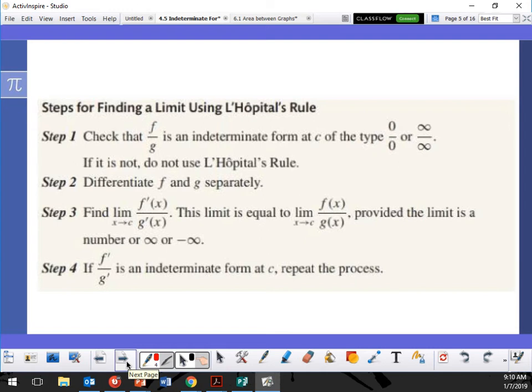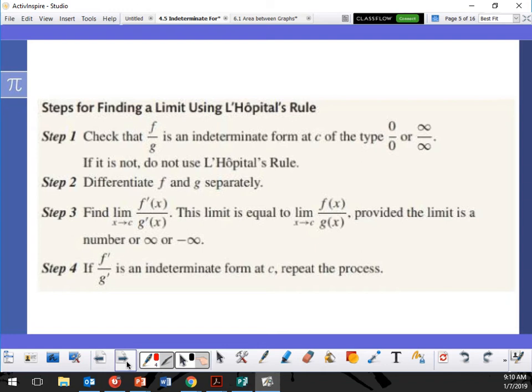Okay, so the first thing that we do here is check that it is indeterminate. You don't go directly into L'Hopital's rule because sometimes it works, sometimes it doesn't, but you have to check for indeterminate, because if it's not indeterminate, L'Hopital's does not apply.